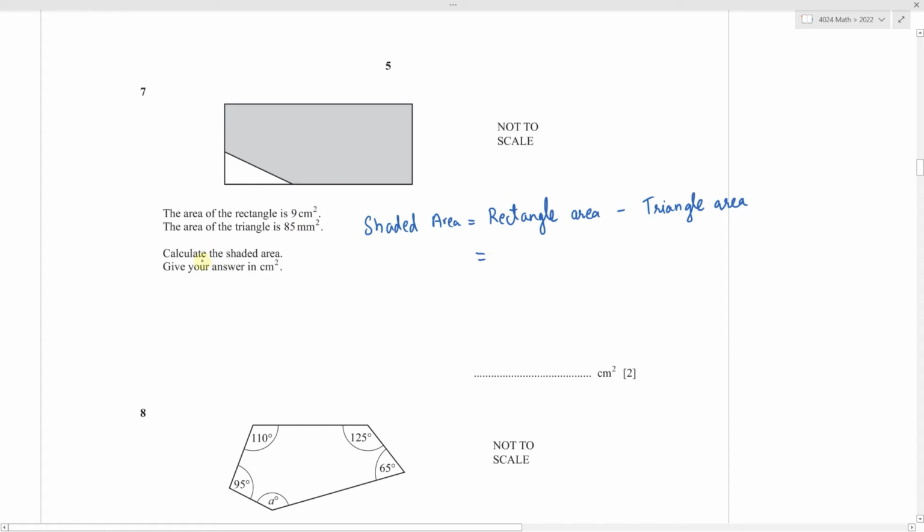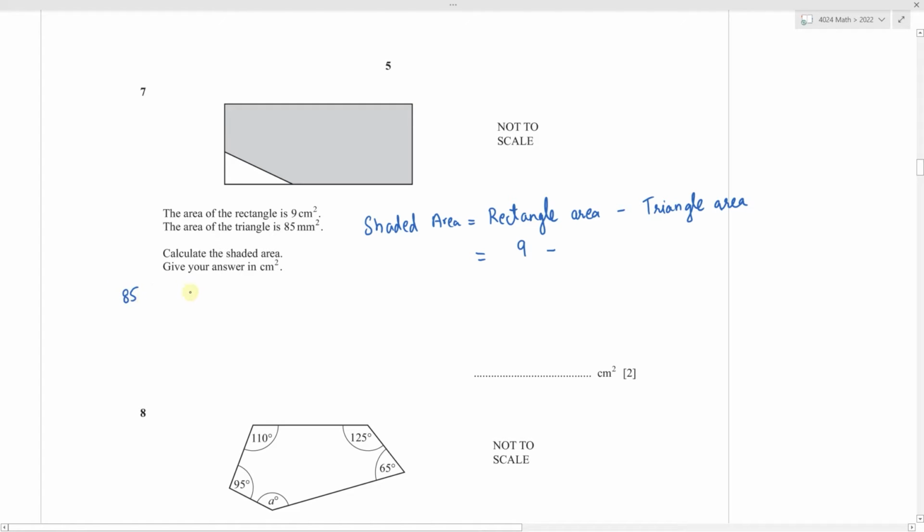What is the area of rectangle? It is 9 centimeters squared, and you want your answer in centimeters squared as well. So I will write this down. 9 minus the triangle area, which is 85 millimeters squared. So now we need to convert this into centimeters squared.